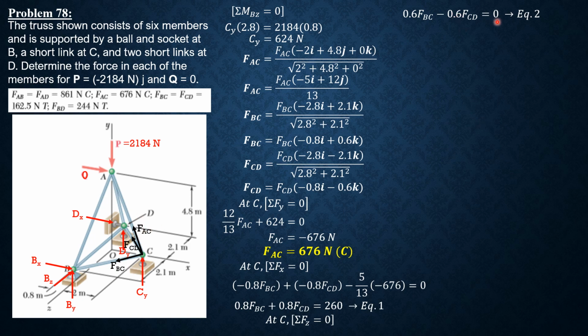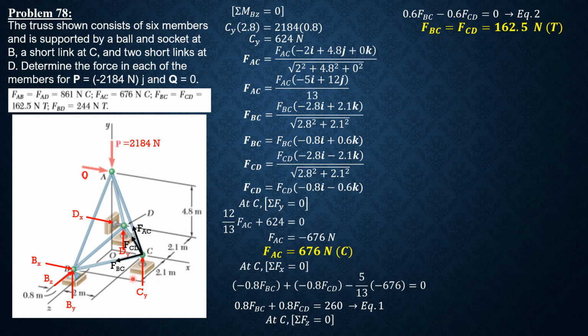So equation 2, solving equations 1 and 2 simultaneously allows us to compute FBC, which is equal to FCD. They are equal, 162.5 newtons. So of course we anticipate that they are equal because of symmetry. So likewise, we also conclude that the force in AB and in AD would also be the same.